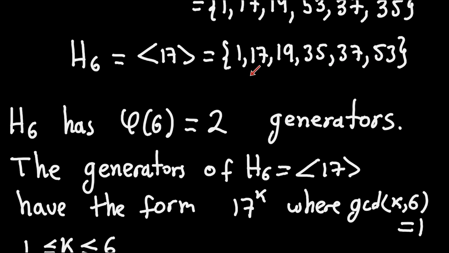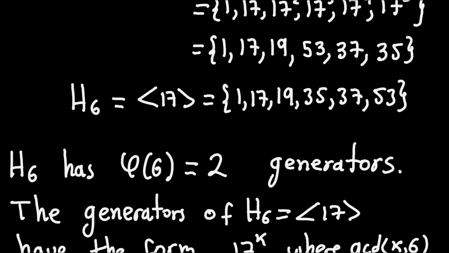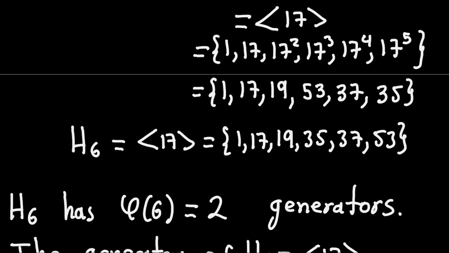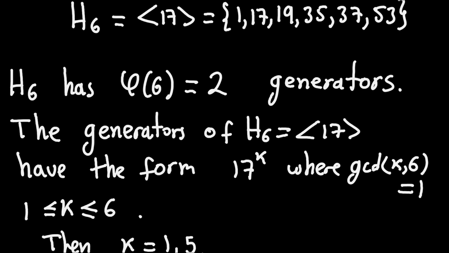Now in this case, it's a little bit more difficult to tell what the generators are, but we also know what the generators of a group are if the group is cyclic. This subgroup is cyclic, so we know exactly what the generators of a cyclic group are: powers of this element where the exponent is relatively prime to 6.